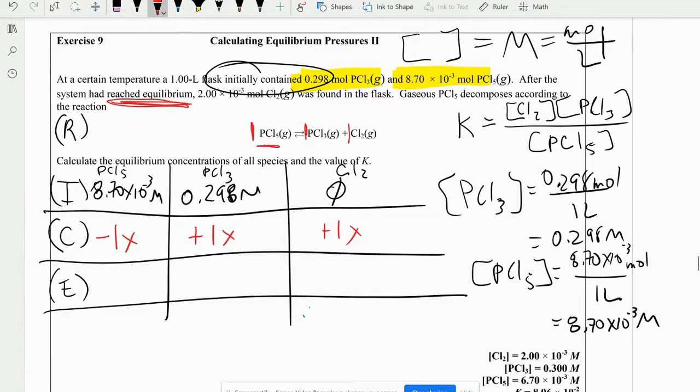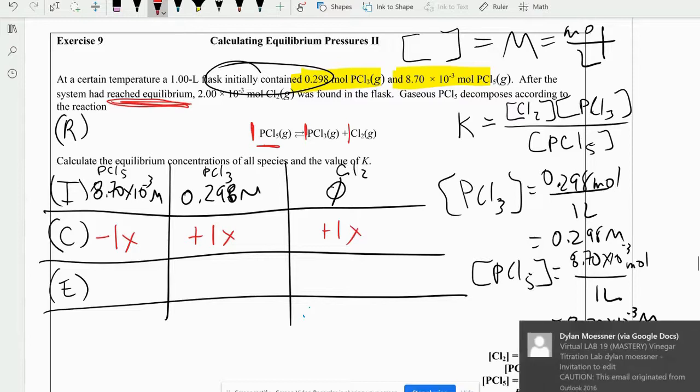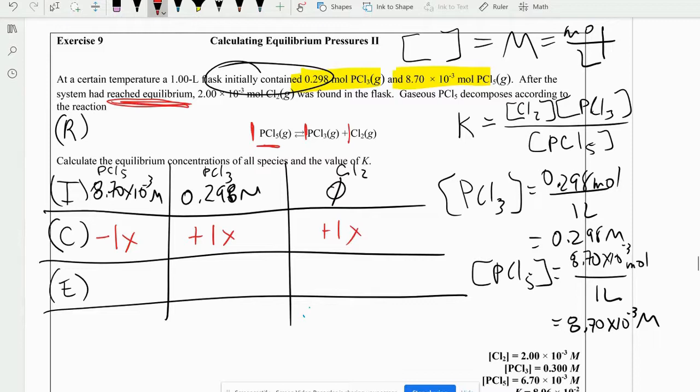So it's minus 1x for PCl5 because you're going to lose it in the reaction, and it's plus 1x for the two products because you're going to gain those particular products. Does that make sense? All right, and one more thing before I move on, make sure you understand that these ones are representative of the coefficients from the reaction, okay?